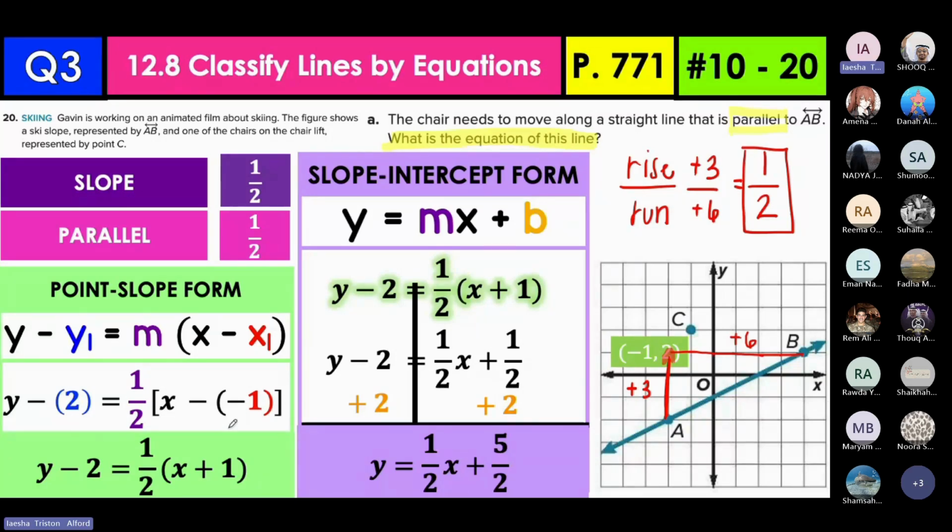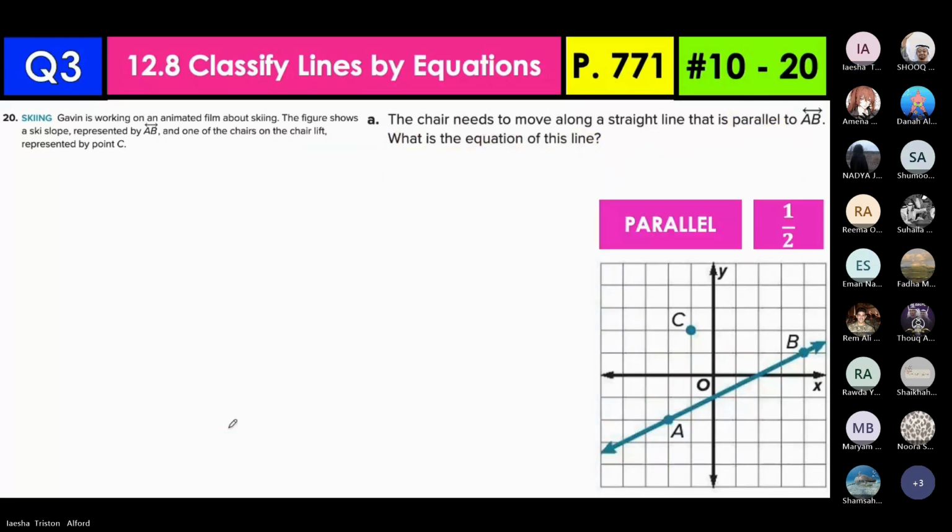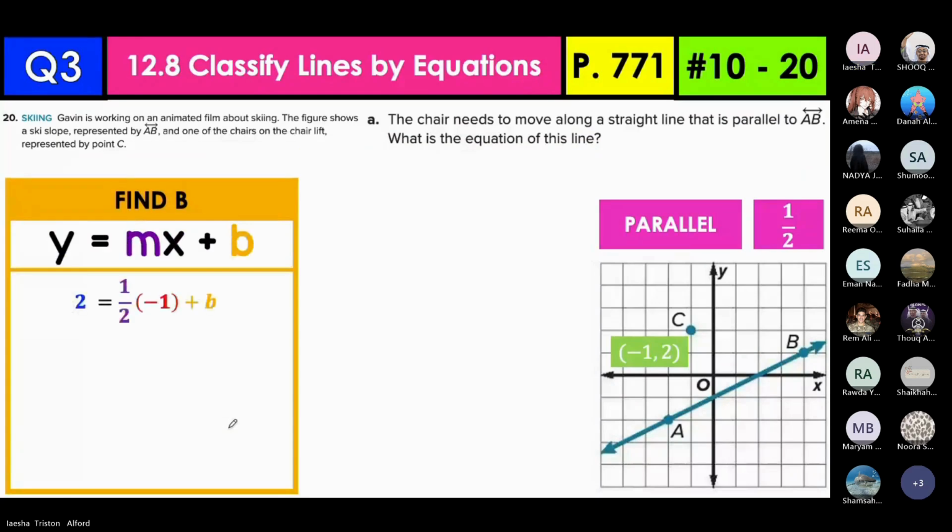Any other question about that? Another way you can write the equation is to find the b. So you can solve it this way. It depends on you and which way you want to do it. So I taught you how to do both ways using point slope and finding b.